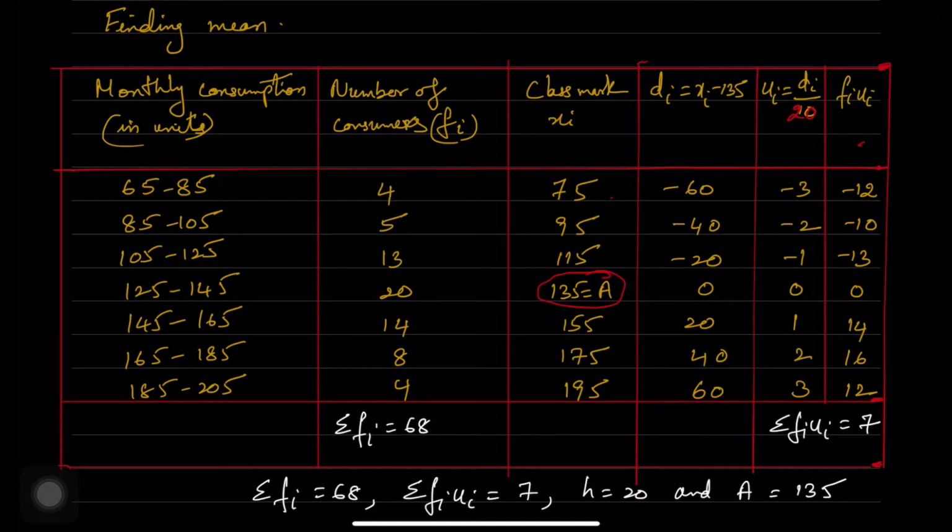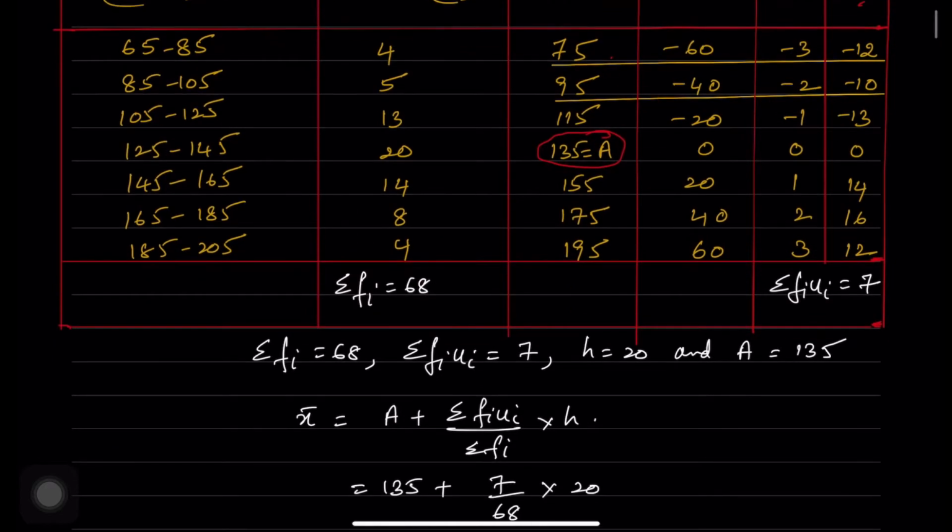Now you add all the fi ui and you get 7. Sigma fi is equal to 68. These are the values we got from the table. Now we are going to find the mean. We need h and a, all of which are there from the observations given in this table.